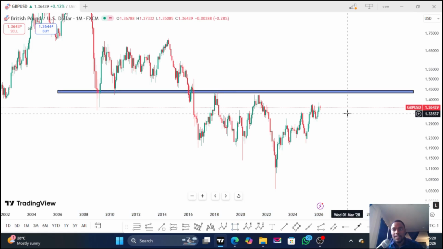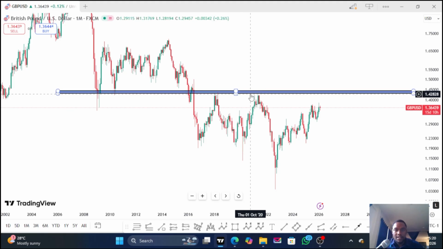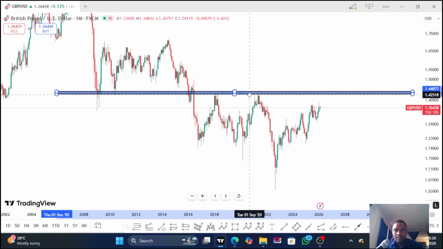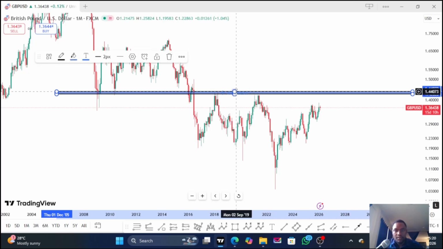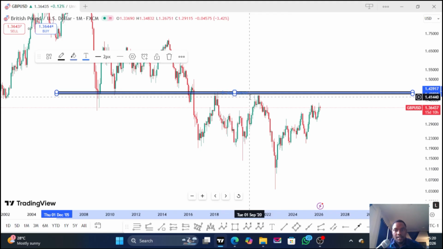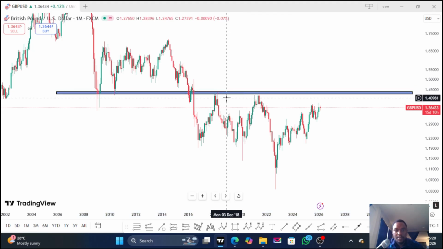As you can see, the first one, I've already plotted it. Make sure it has many touches. Yes, the most obvious turning point, first one.